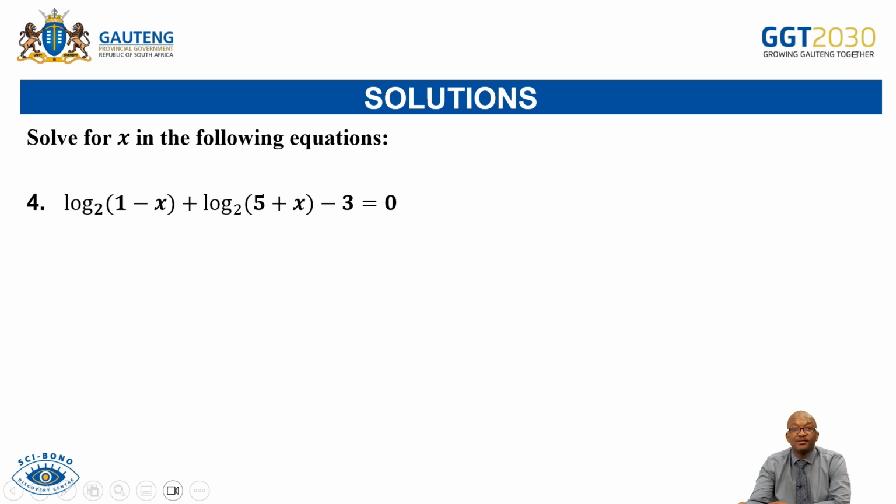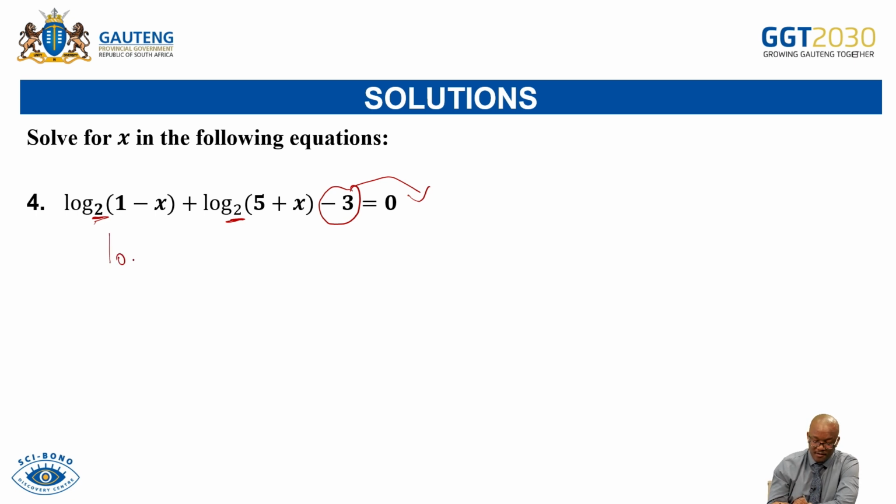With the fourth one, we can see that the bases are the same, correct? But before we can combine them, we must first transpose this -3 to the right-hand side.